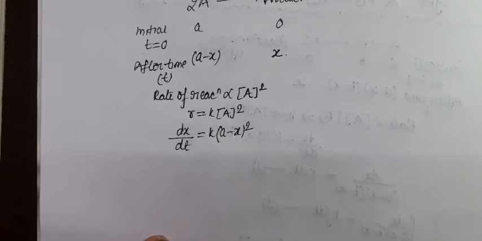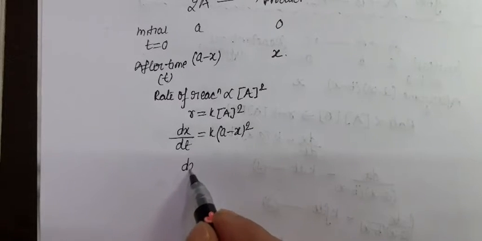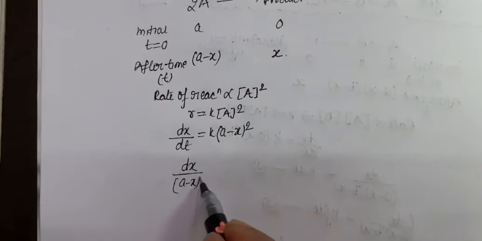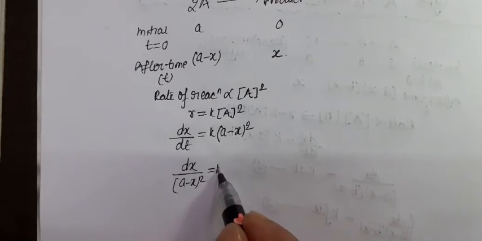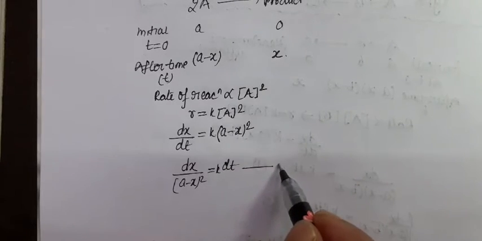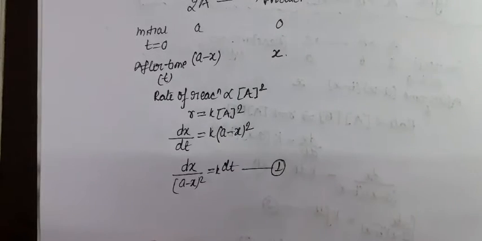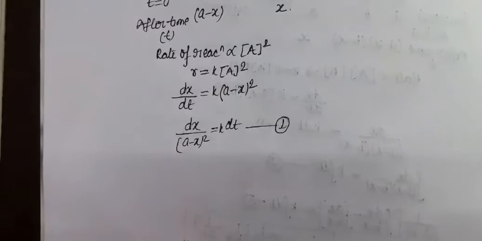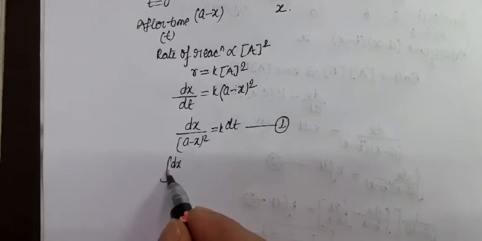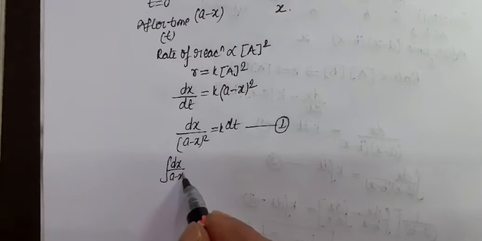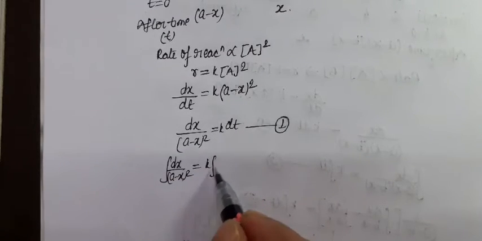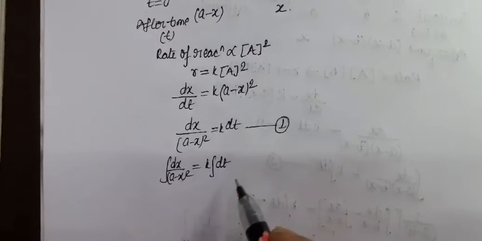Now what we need to do, we have to rearrange it: dx by a minus x whole square equals K dt. This is the first equation. On integrating equation 1, we have integration of dx by a minus x whole square equals K constant times integration of dt.